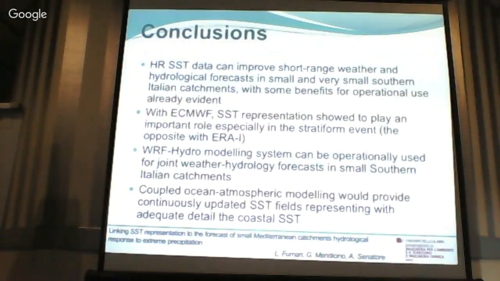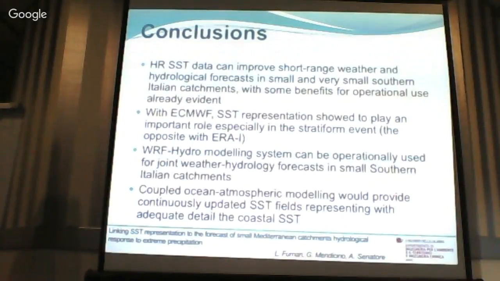Anyway, the step forward probably would be that coupled ocean atmospheric modeling would provide updated SST fields in a continuous way, so that the SST patterns can be better represented, especially coastal SST.